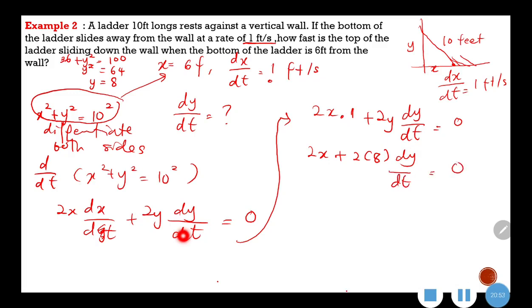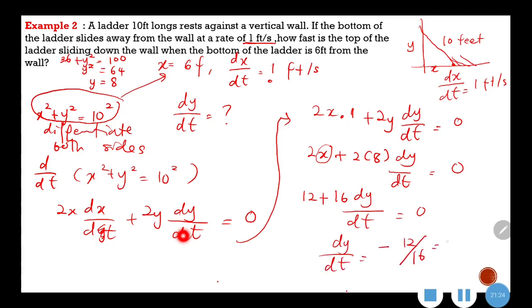Do we know the value of x here? Yes, x is 6. So it should be 12 plus 16 dy dt equals 0. So dy over dt is minus 12 over 16, which equals minus 3 over 4 feet per second.